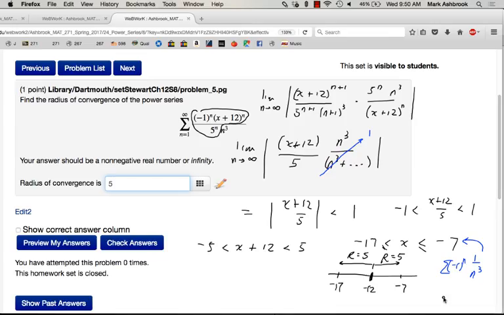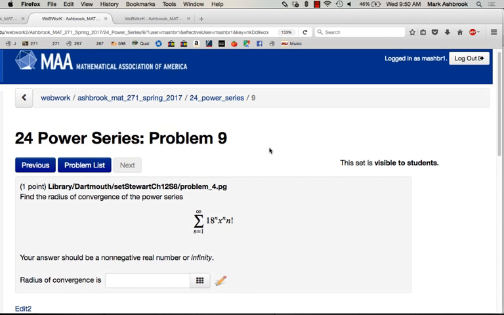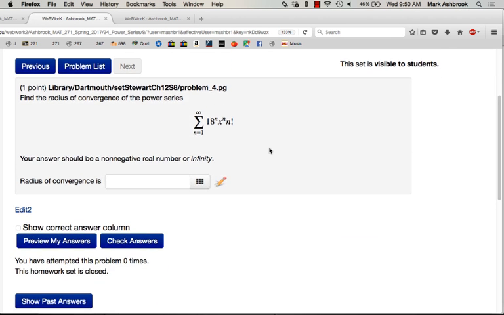Okay, let's look at the last one. Here we might say, for what values of x does this converge?